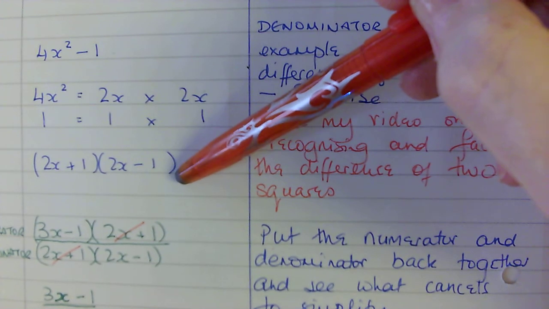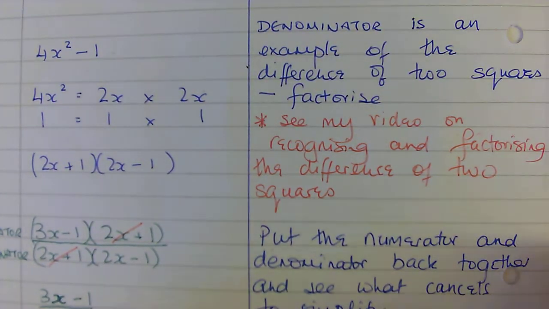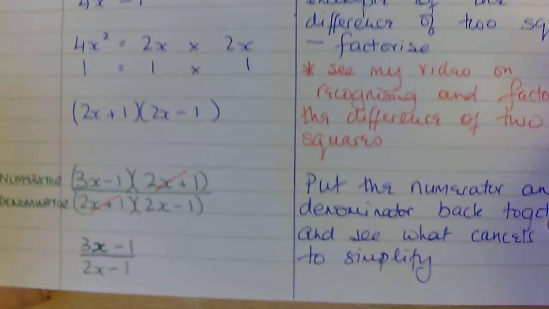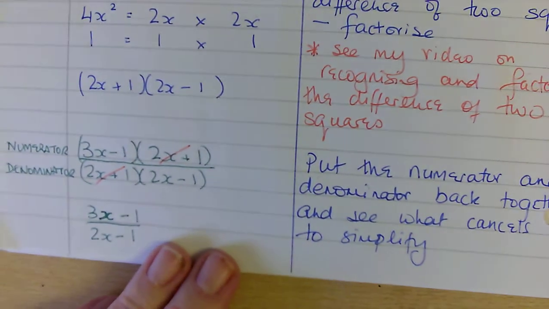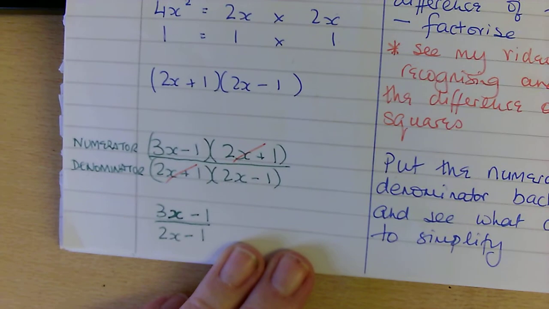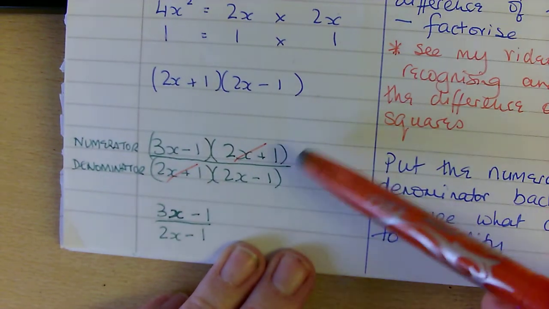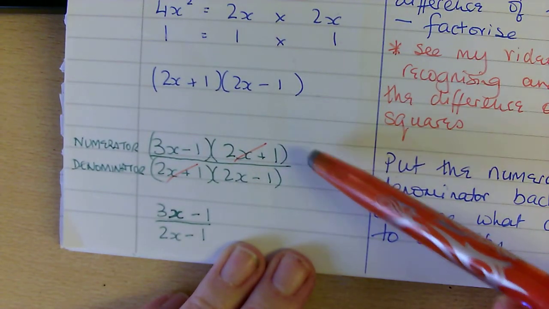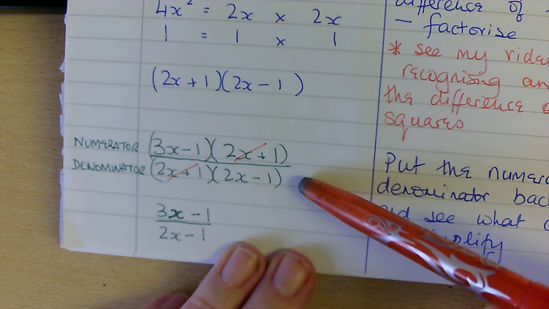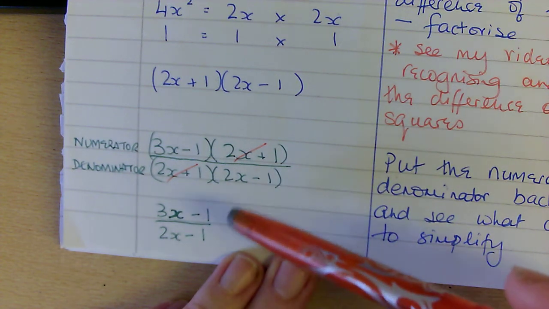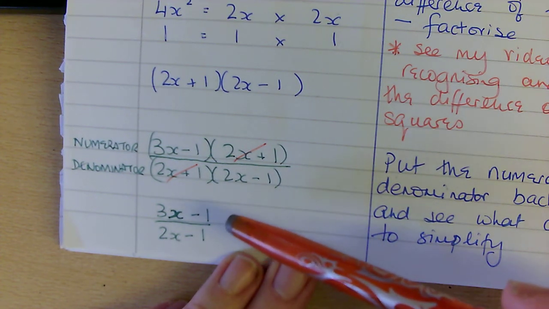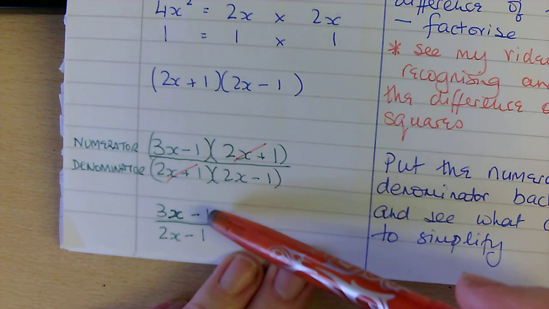And so what we can now do is have a look at putting the numerator and the denominator back together, which gives us what's written in green here. So the numerator from the first part and the denominator from what I've just explained. And if you then have a look at the contents of those brackets, if they're identical, absolutely identical, then they will cancel each other out.